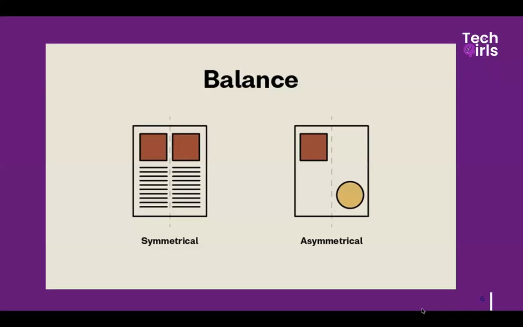Balance is how the elements within a composition are arranged. They can be arranged symmetrically, asymmetrically, or radially to create the impression of equality.